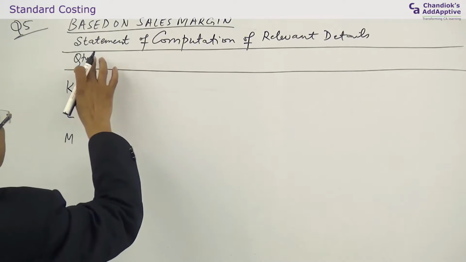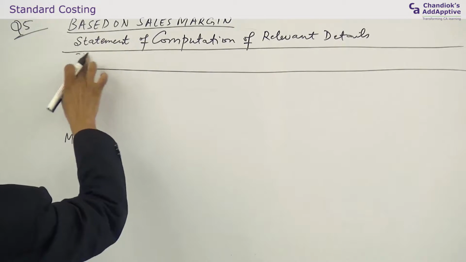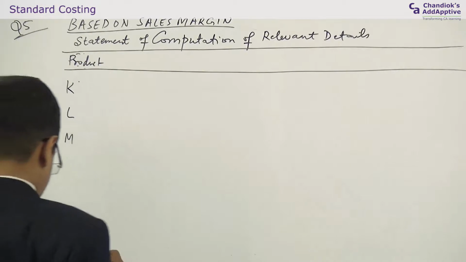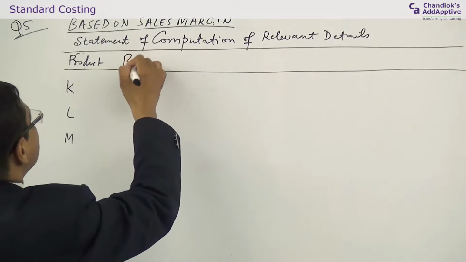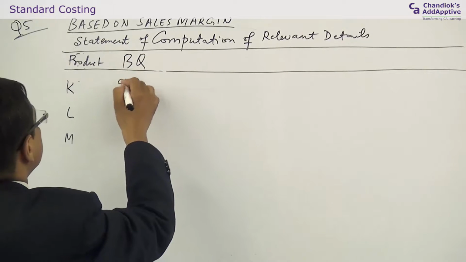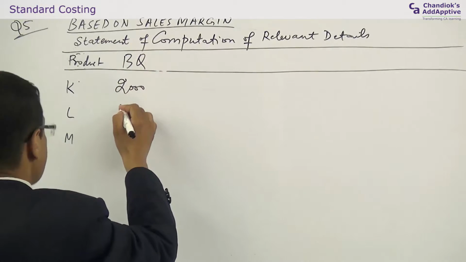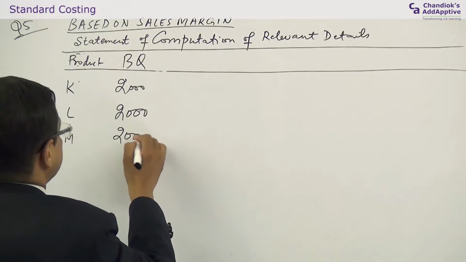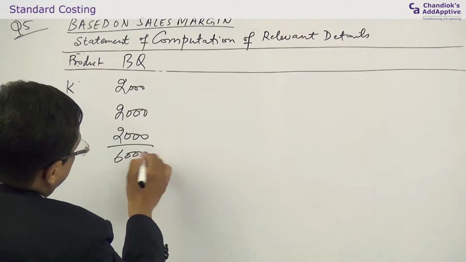So let's write product here. You have budgeted quantity 2000, 2000 and 2000. 6000 is the quantity.